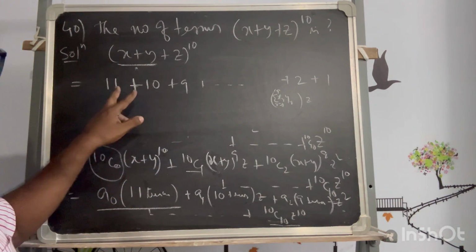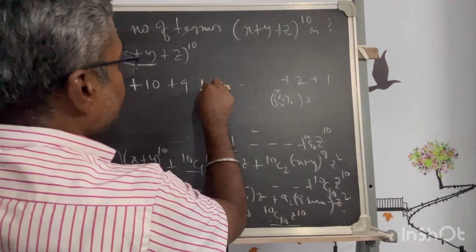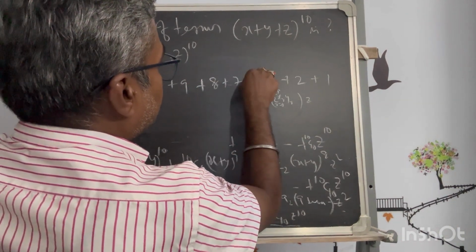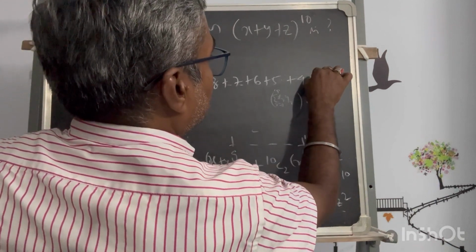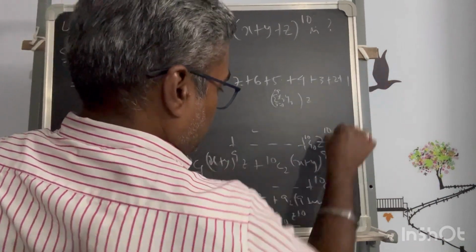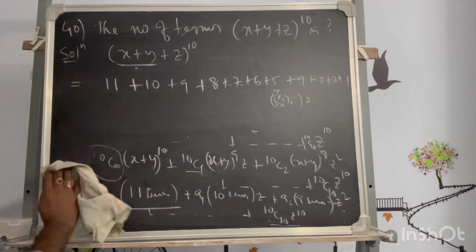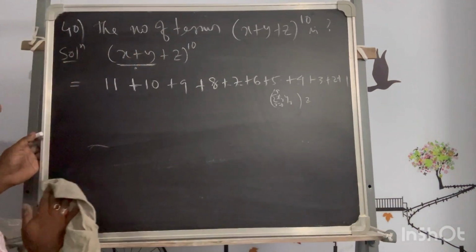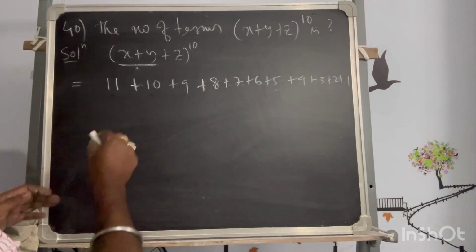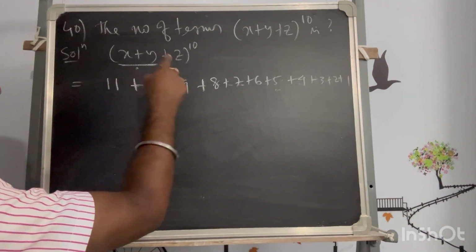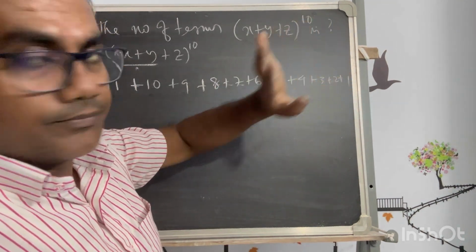It is very easy to write: 11, 10, 9, 8, 7, 6, 5, 4, 3, 2 and the last one is 1. There is no other option, because the progression of terms starts from 11 and reduces by 1, since the last term has no x and y.